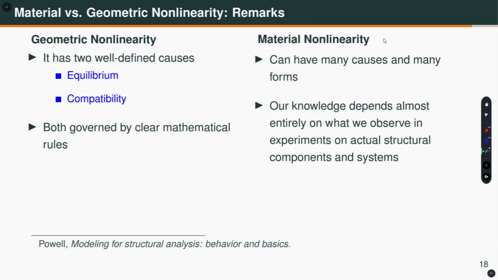In structural engineering it is very difficult to capture material nonlinearity through theory. So our knowledge depends almost entirely on what we observe in experiments on actual structural components and systems in the laboratory, and we tend to develop phenomenological models that can capture the material nonlinearity.